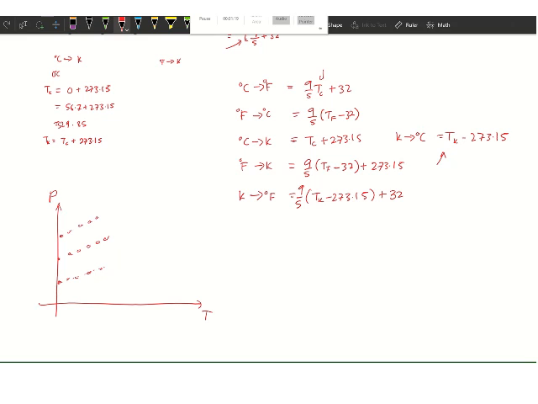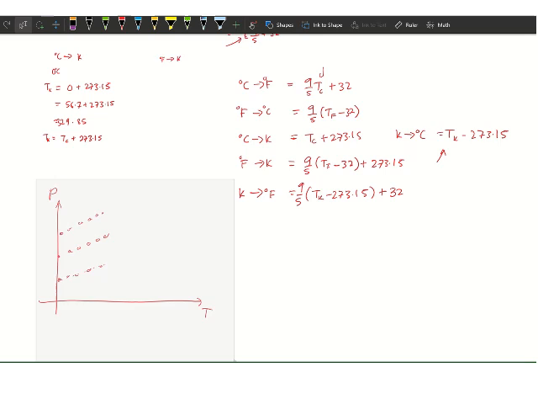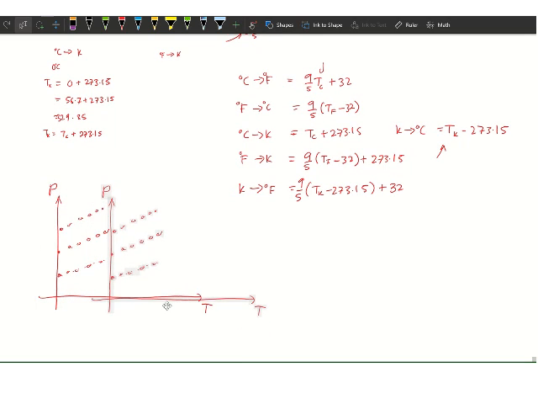Somehow it becomes steeper and steeper. From this data, what the scientists have done is extrapolate it, which led to one point. Although my drawing is not that good, this one should be a straight line.